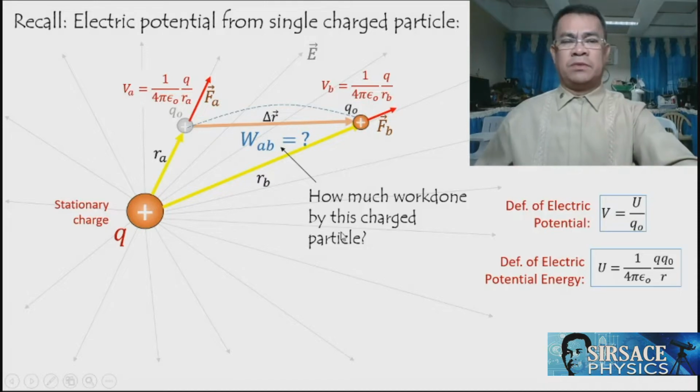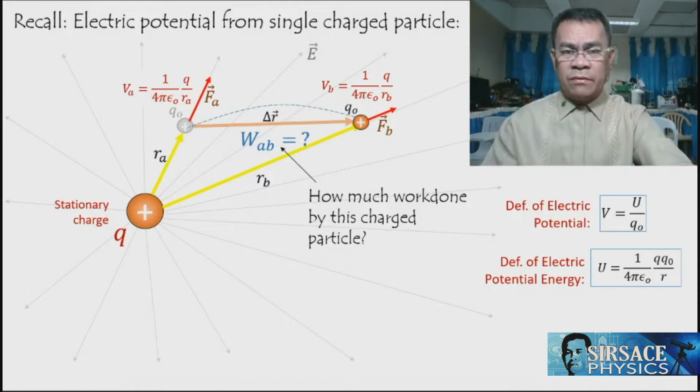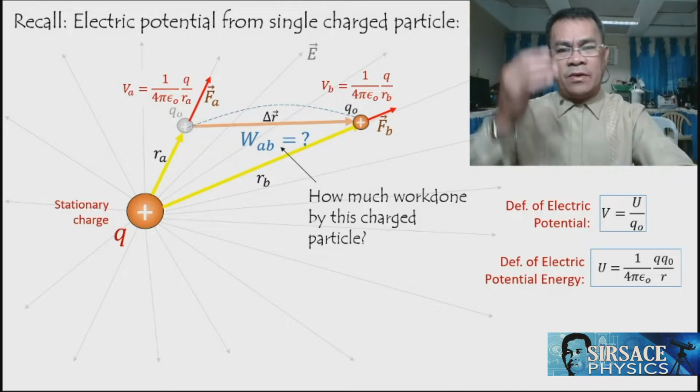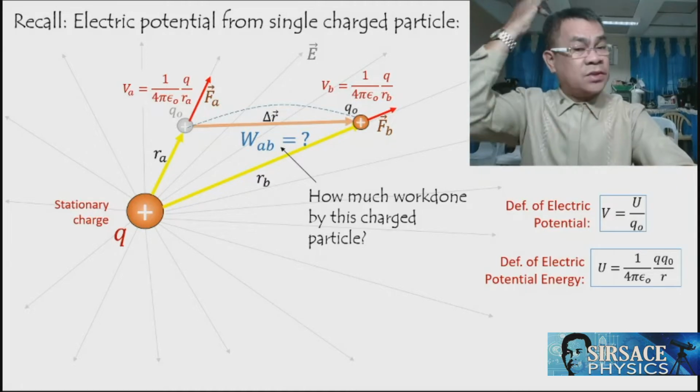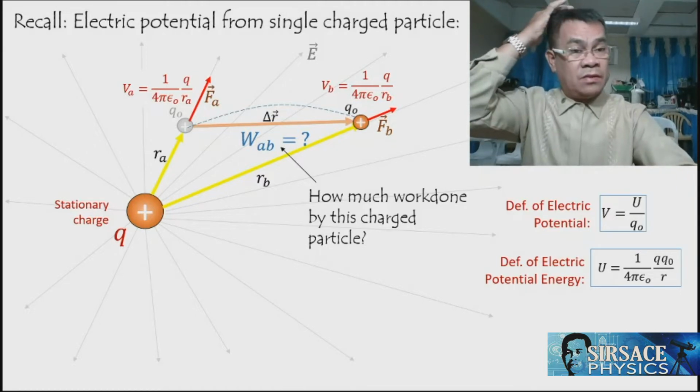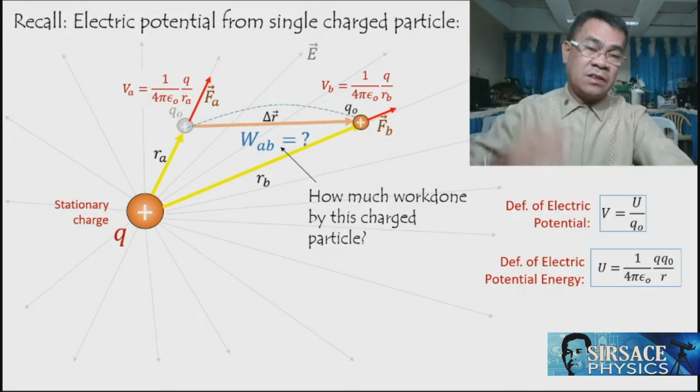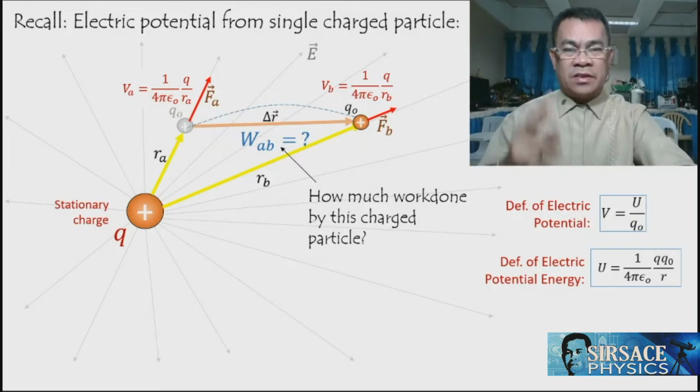To answer this question, we can use two formulas. In our previous videos on electric energy, there are two ways to calculate the work done.